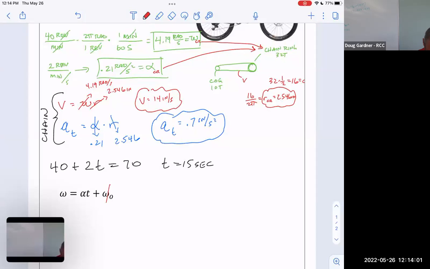We just figured out that 15 seconds went by, and his angular acceleration, we said, was 0.21. So we have 15 times 0.21 to add to 4.19. So that means omega at the end of all of this is 7.434.